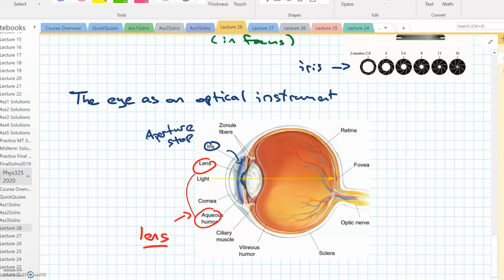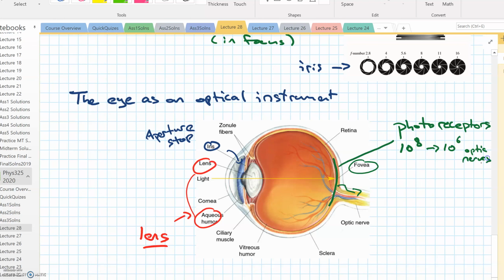We also have our version of the CCD, or the film. We have the receptors here. Here we have photoreceptors. There's about 10 to the 8 of them on the eye, and they're connected, as the output of our camera, to about 10 to the 6 optic nerves.